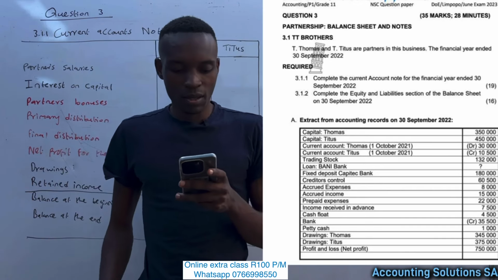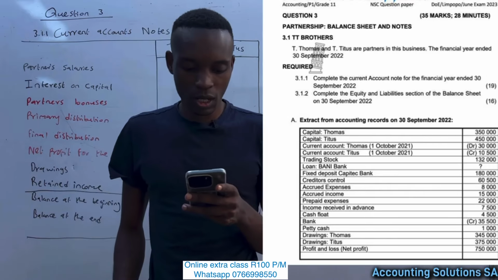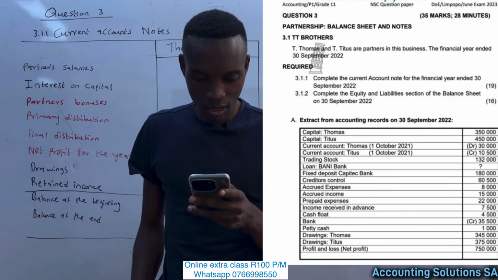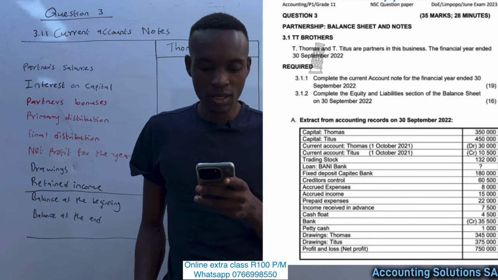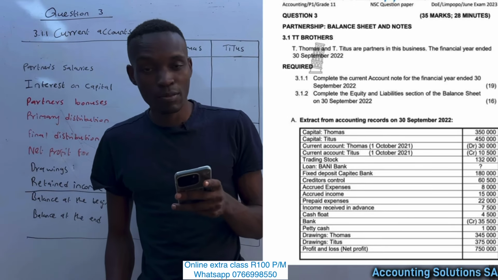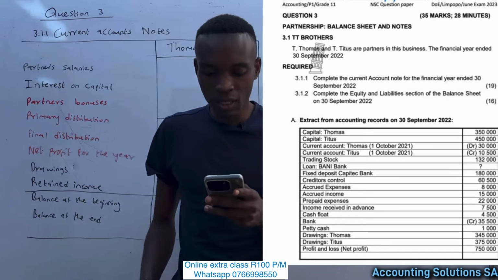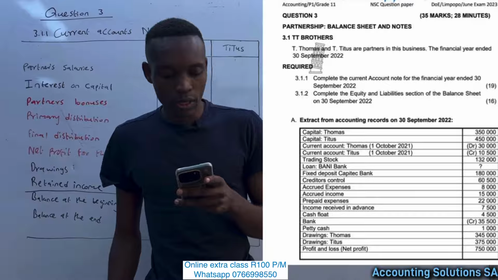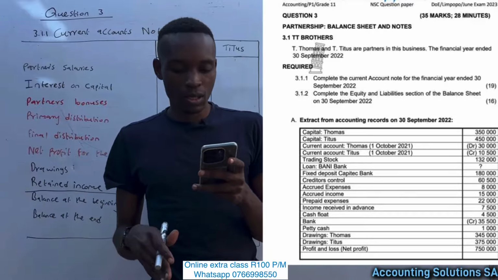Okay, 3.1, it was question 3. They said that this company is TT Brothers, and that Thomas and Titus are partners in this business. The financial year end is 30 September 2022. 3.1.1, 19 marks, is the one that we are going to do.